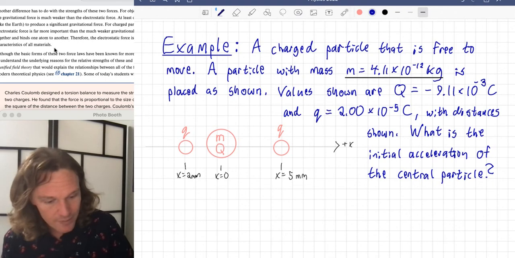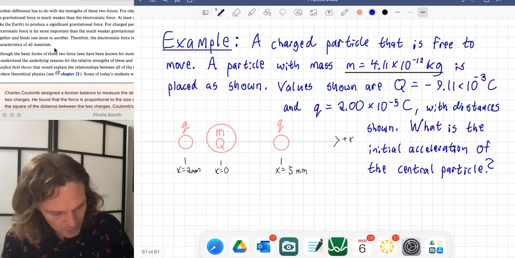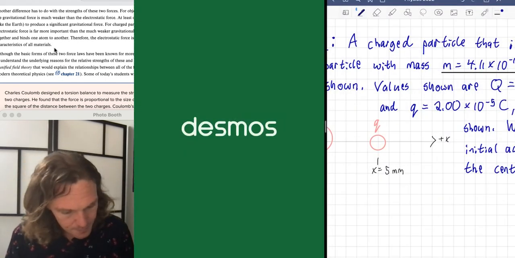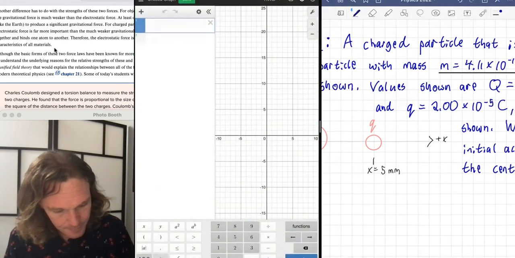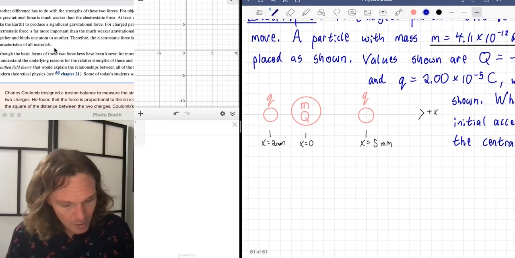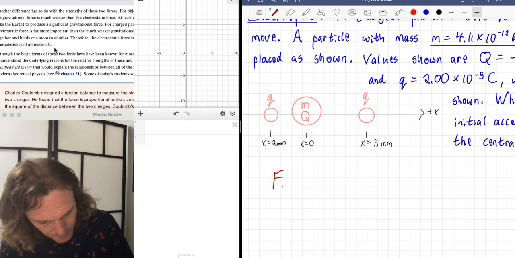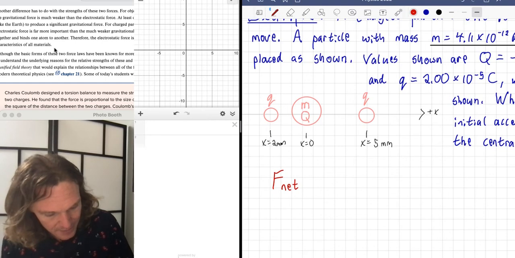And now I'm going to show you the values, okay? So let's bring up a calculator. Okay, so we want F net, because F net equals m a.